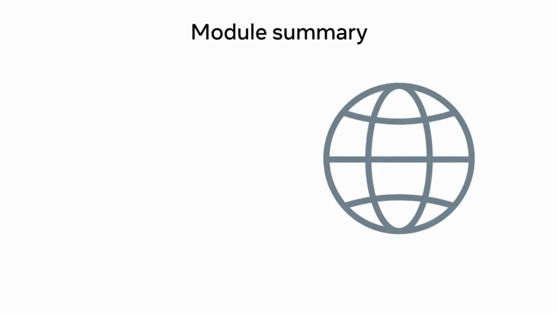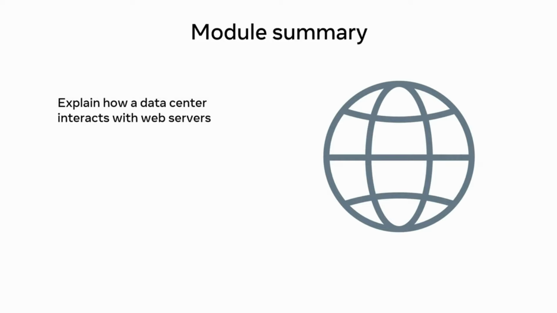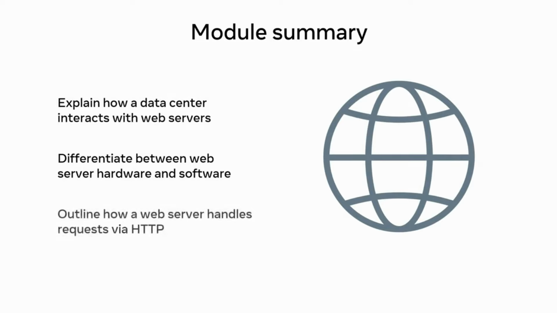You're now familiar with the basics of web servers and can explain how a data center provides storage and power for web servers, differentiate between the key functions of web server hardware and software, and outline how a web server handles requests through HTTP or Hypertext Transfer Protocol.